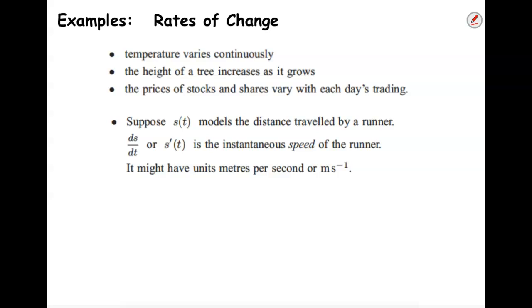You might say that the units are meters per second, and our notation for meters per second is m·s⁻¹.